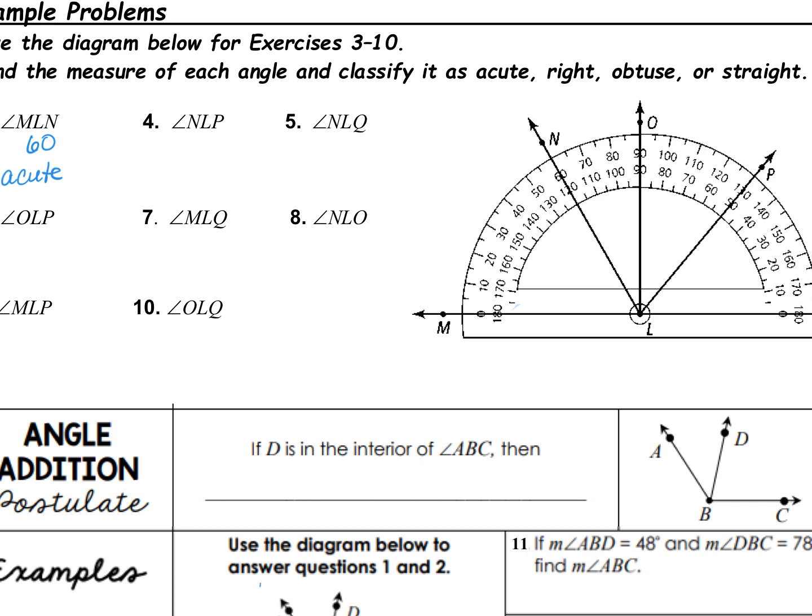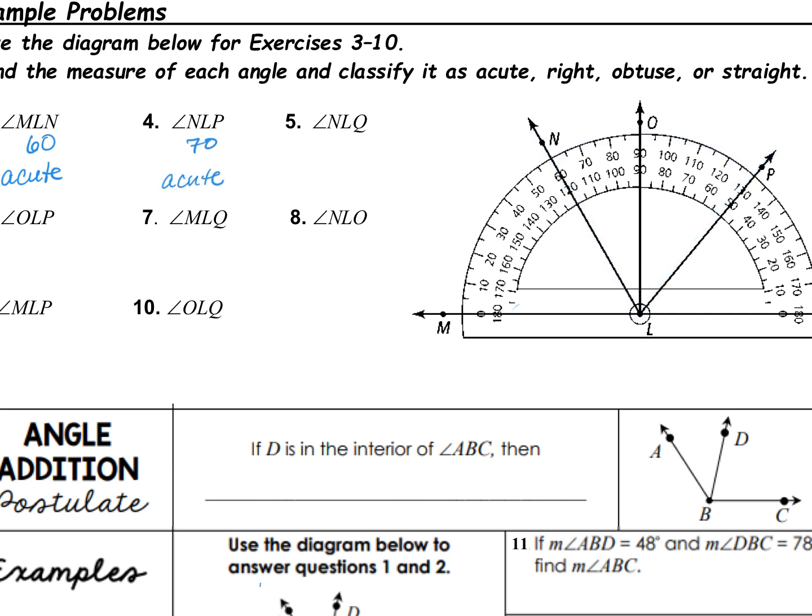All right, the next one is NLP. So that means we're going to start at N, go down to L, and up to P. So now I need to know how wide this one is. This one's a little trickier. I see this one's at 130, and I see this one's at 60. So I'm going to subtract those two numbers, and I'm going to get 70. Again, that is less than 90, so this is still an acute angle.